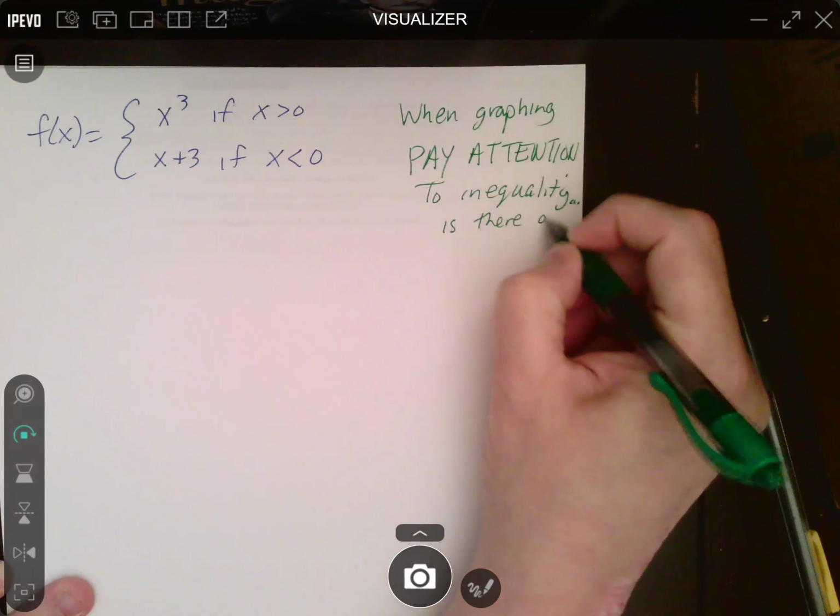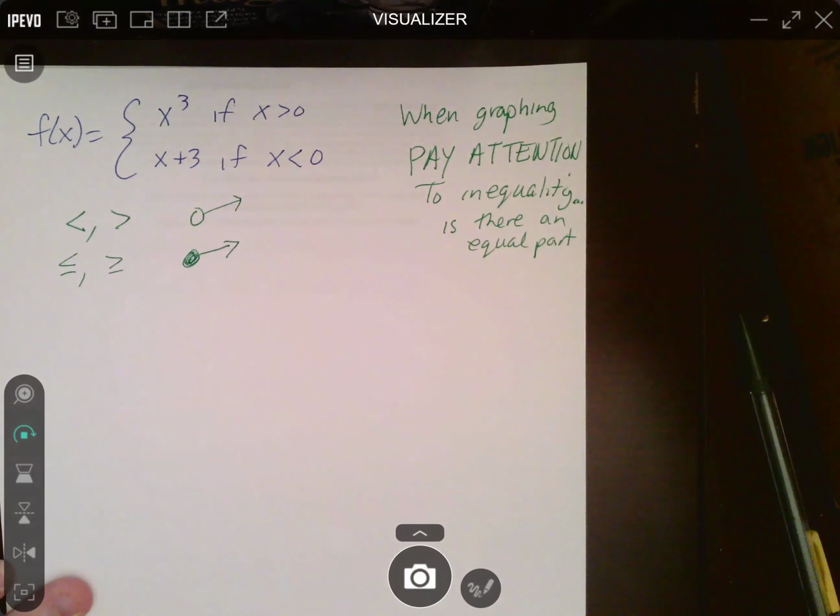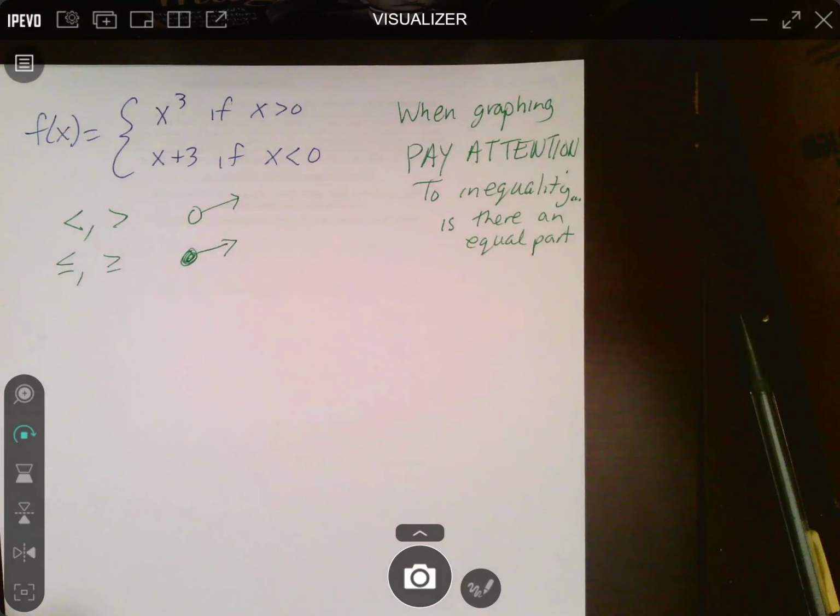Because less than and greater than are going to have hollow circles. Less than or equal to and greater than or equal to are going to have solid circles. So that changes how our graph looks.